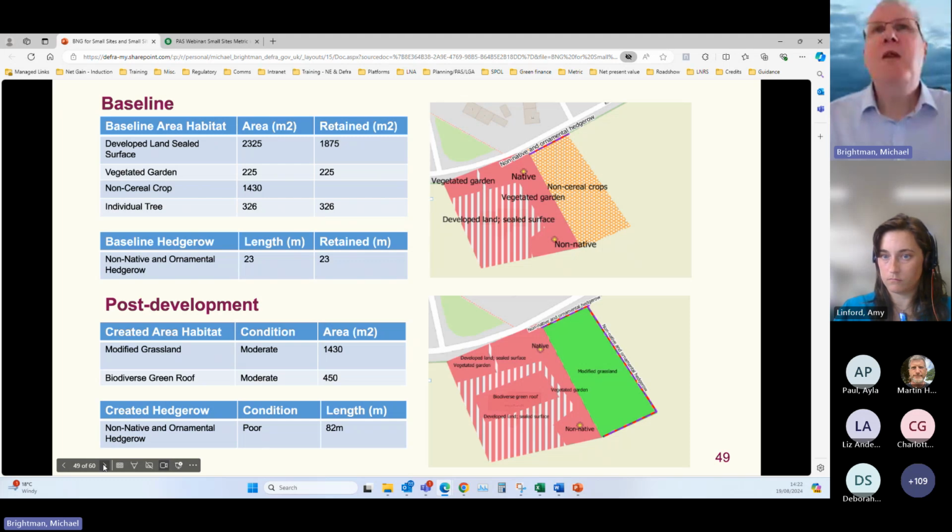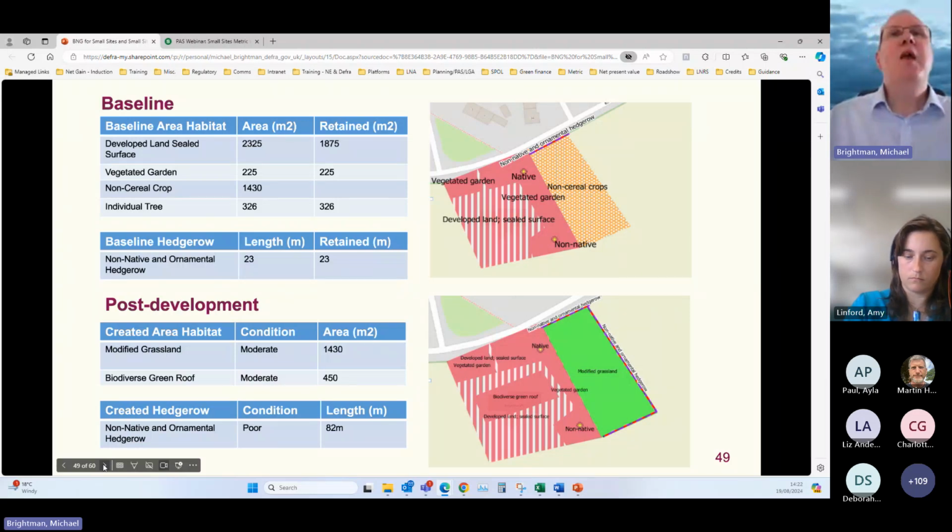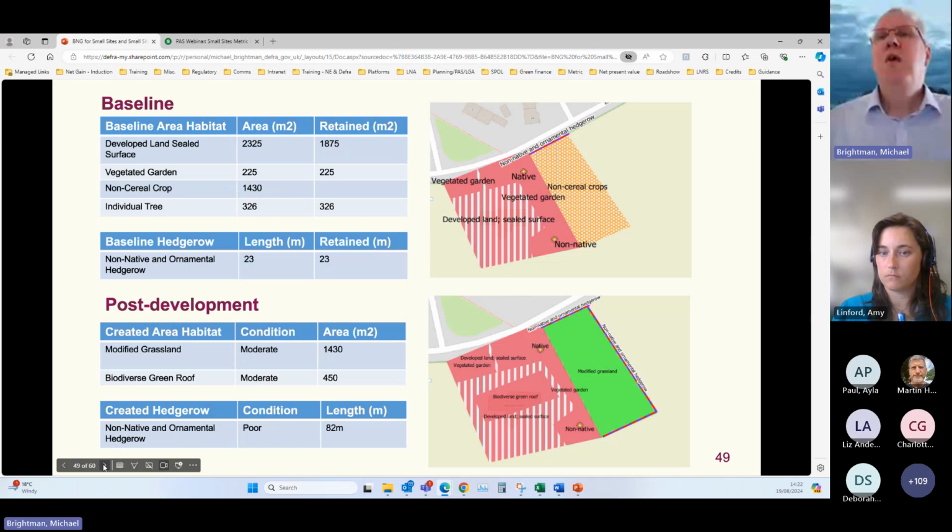We have the baseline mapping shown top right and post-development bottom right. At the baseline, we can see the developed land sealed surface that's already present, and also the vegetated garden. And we see that there's some non-cereal crop habitat parcel and an individual tree.